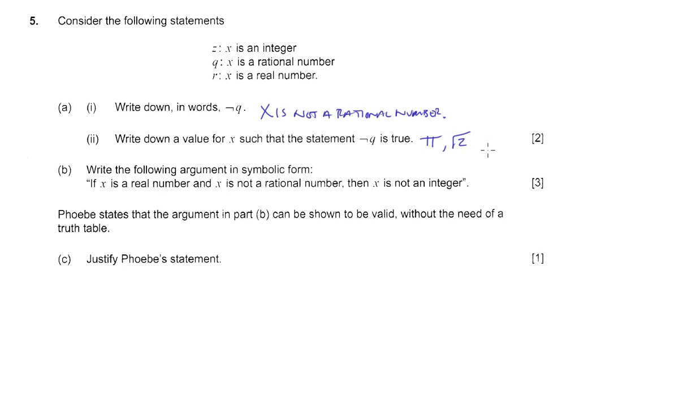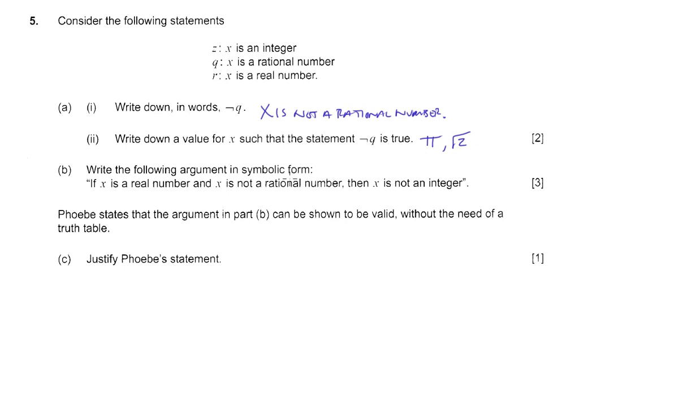Root 4 wouldn't work because root 4 reduces down to just plain old 2. So any root that you can come up with that's not a perfect square should work out. I would probably just list one, like pi would work just fine, or root 2. I probably wouldn't list both of them, but anyway.